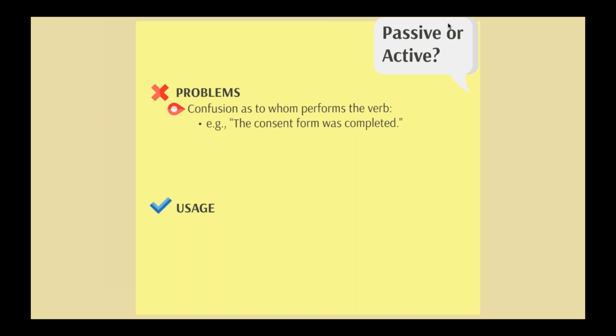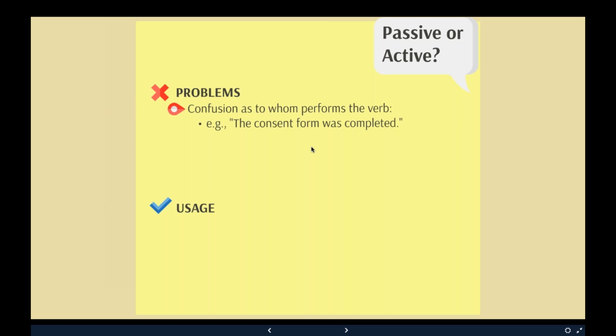If my subject is way down at the end of 3 lines and the direct object starts those 3 lines, that's a lot of information for someone to process in order to create that relationship between the two. So we have to mitigate that confusion as to who is performing that verb.